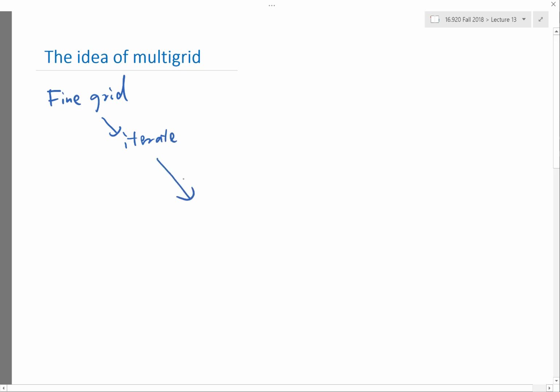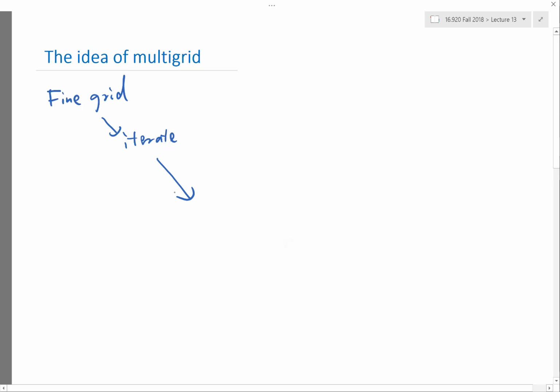And if the error becomes smoother and smoother, you can represent it better and better on a coarser grid. So what if you start with a fine grid? You iterate, and the result is that the solution is going to be smoother.